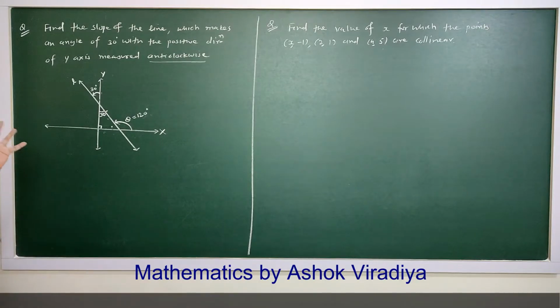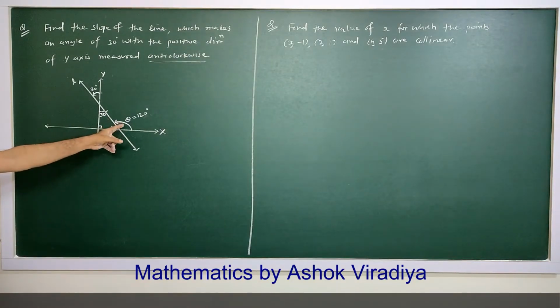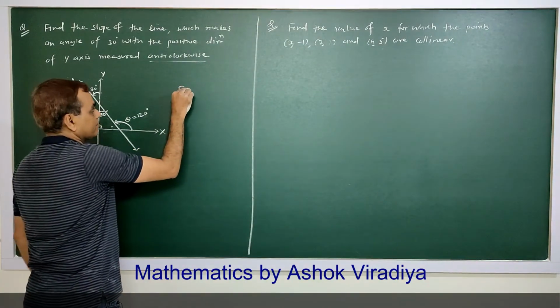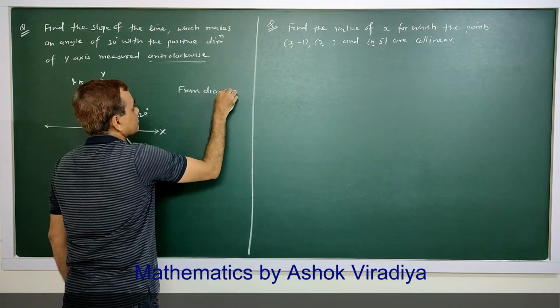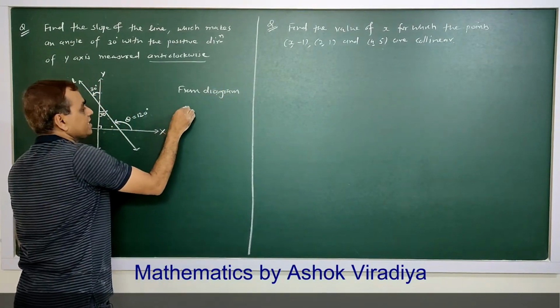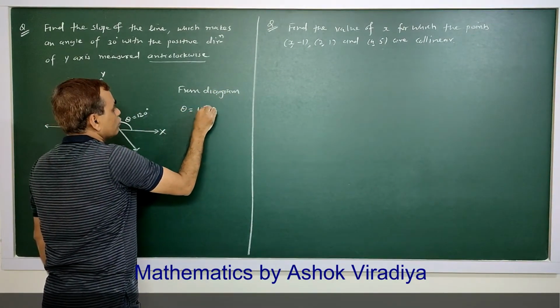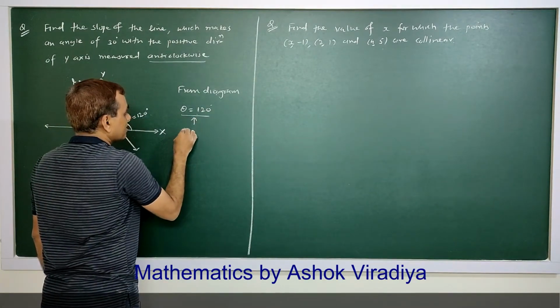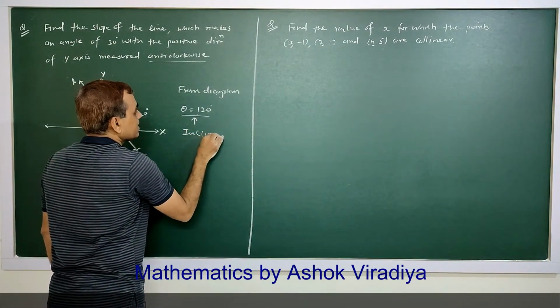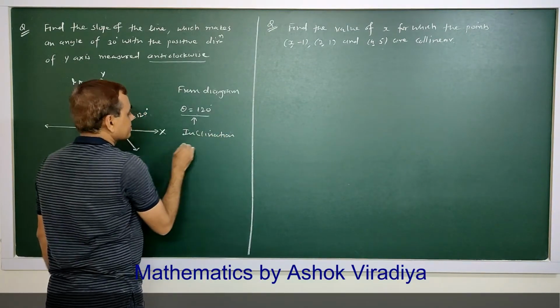So from this diagram, the calculated inclination is 120 degrees. Theta is 120 degrees. This is the inclination of the line.